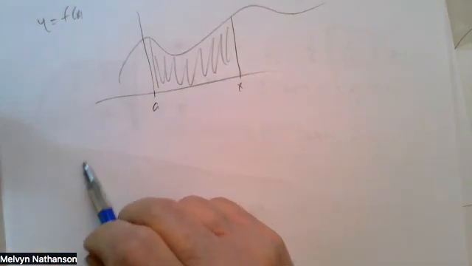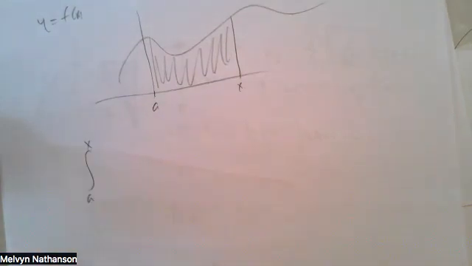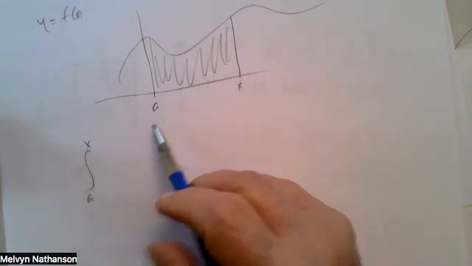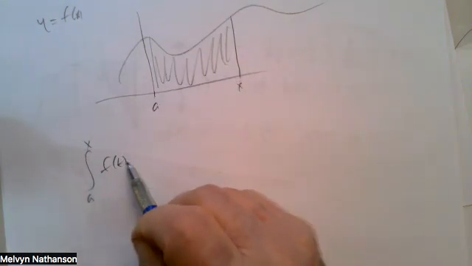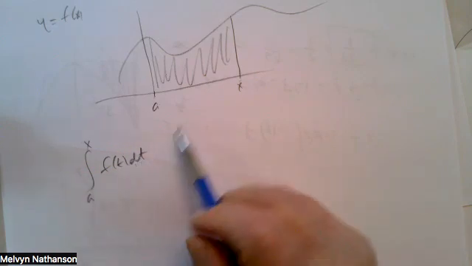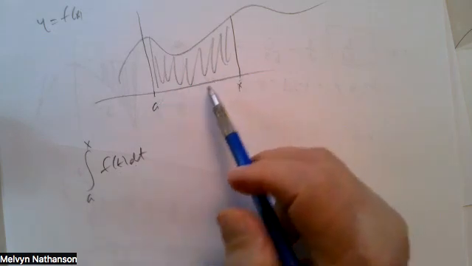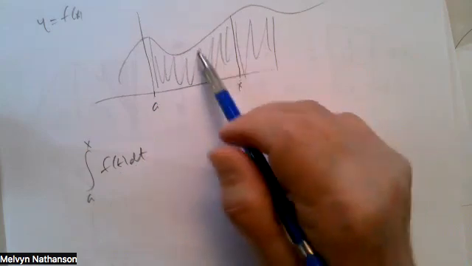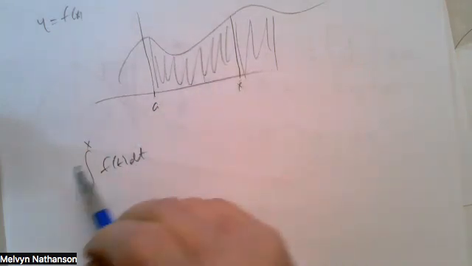So that area would be the integral from a to x. Since I'm using x as this upper limit of integration, I use t as the variable for my function. It makes no difference. The integral from a to x of f of t dt. So this is a function of x. If you make x bigger, you get a different area.